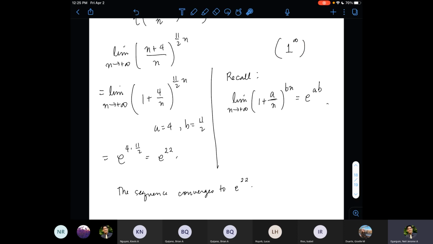More precisely, something close to 1 raised to infinity, or to a large number. It won't converge to 1, but it will converge to e to the 22. So be careful about indeterminate forms. Okay? And I hope now you have all the tools to answer the rest of the problems in that homework.